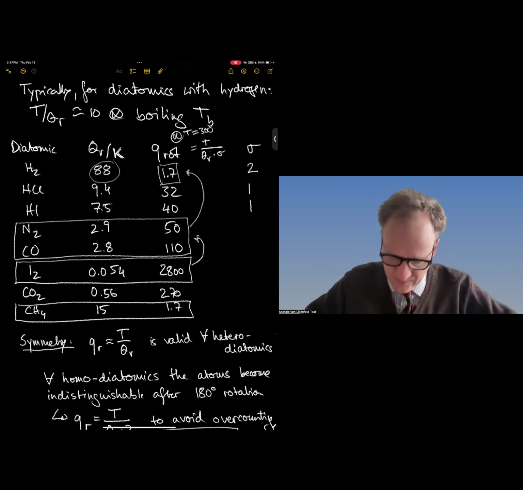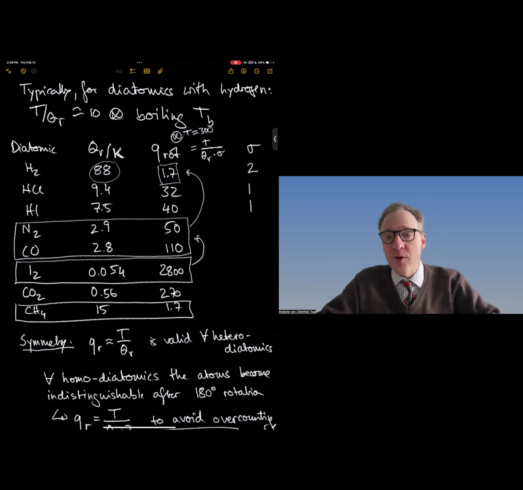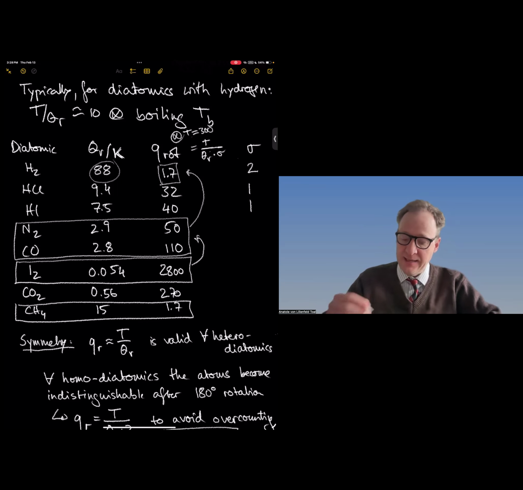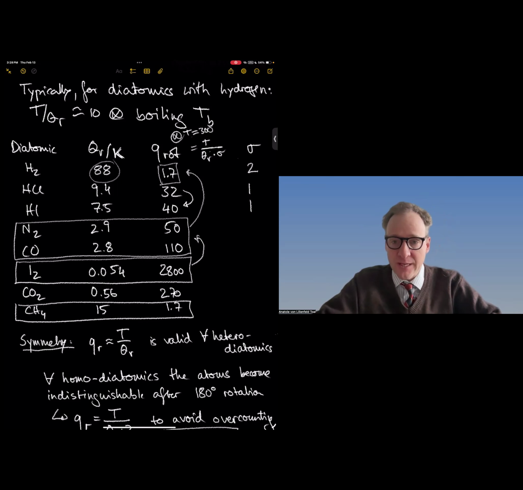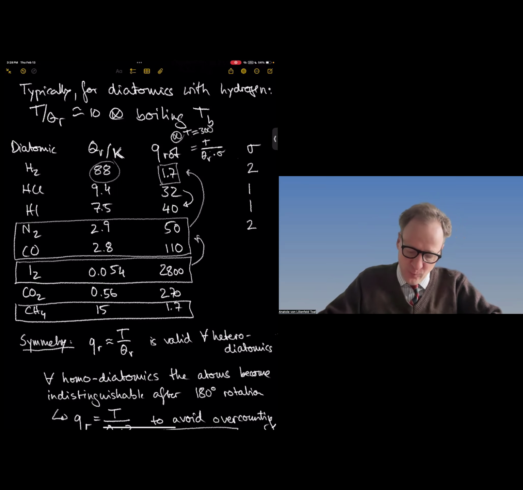Here you simply see the impact of increasing the mass, from Cl to iodine, and increasing the bond length. You see the growth in your rotational partition function by nearly 1/3. Now, interestingly, N2 again is a diatomic, so we have a sigma of 2, while CO is a heterodiatomic with 1.